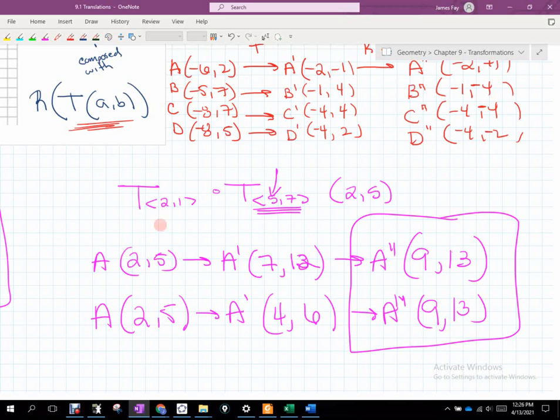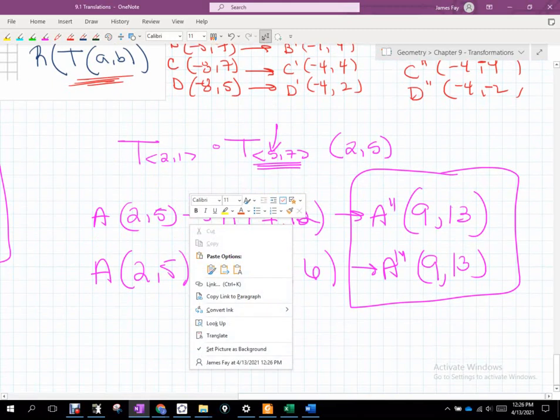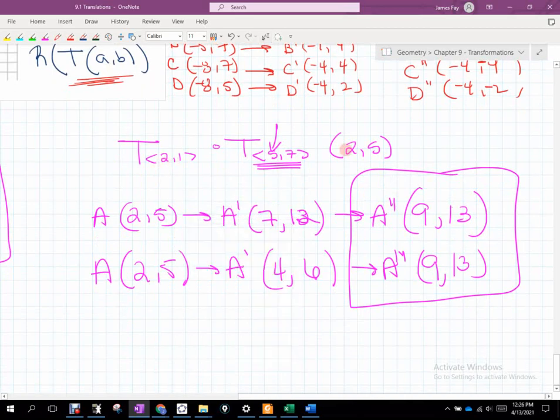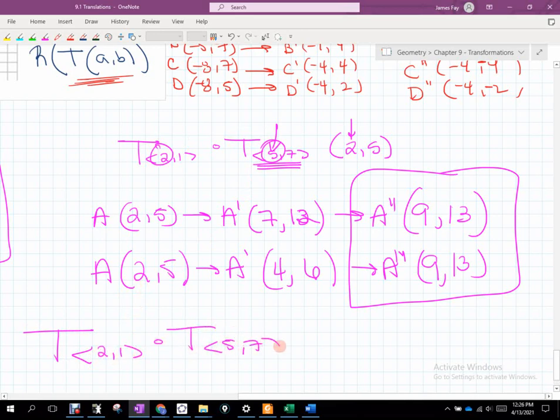Now I also think about this. You took 2 and you added 2 and added 5 to it, right? So this composite transformation of 5, 7 is exactly the same thing as a singular transformation, or translation in this case, of 2 plus 5, which is 7, and then 1 plus 7, which is 8.